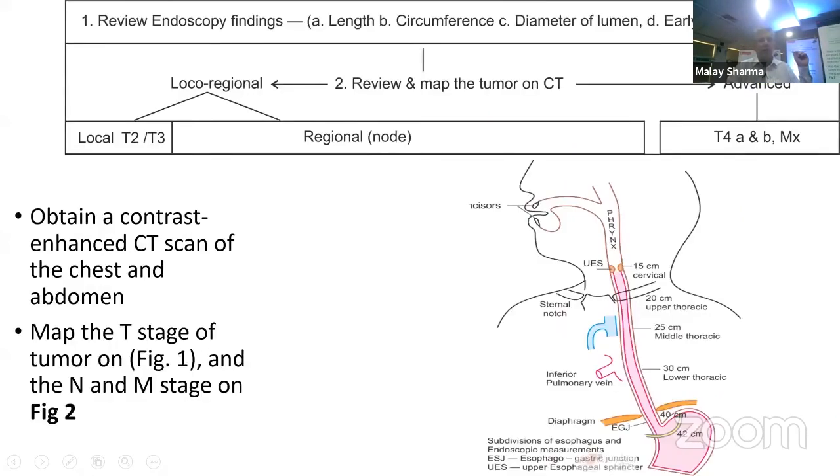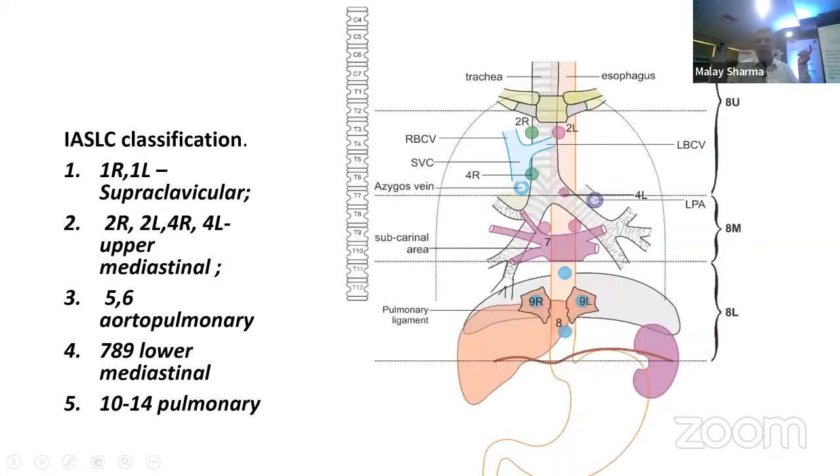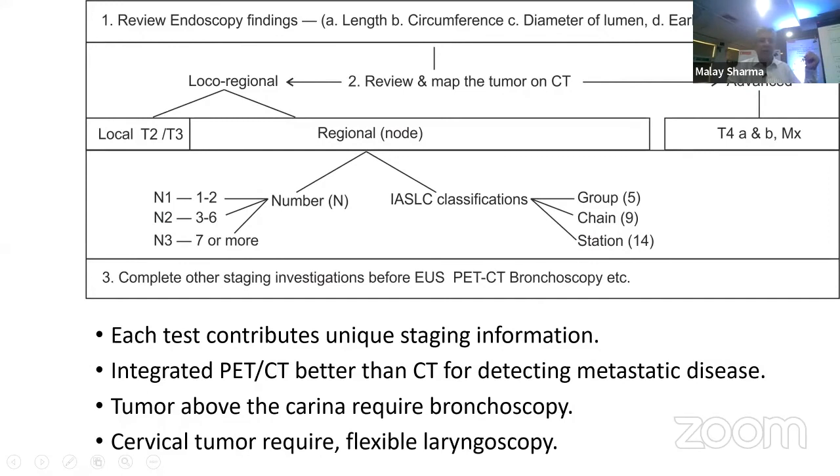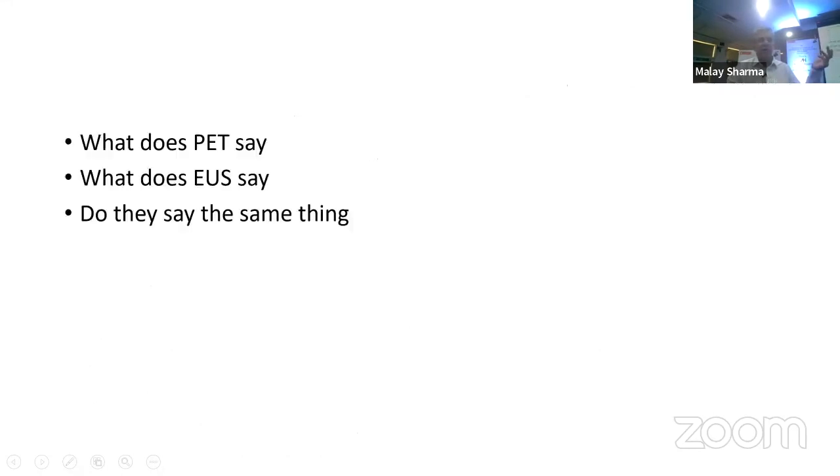And then we see the locoregional tumor, advanced tumor, map the T stage, N stage, and M stage, do the lymph node classification, complete all CT imaging before EUS, and consider adding cervical region, chest CT, pelvic region, abdominal CT. The question is, should EUS be performed before or after CT? And should we integrate PET CT into EUS or not?